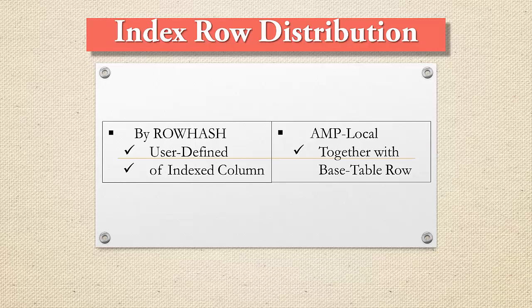With a row hash distribution, the very same general distribution mechanism that landed a particular base table row on an AMP based on its primary index now sends an index table row to an AMP, a different one, based on the row hash of the column values that were chosen to index over. In some cases, it is possible to set a different distribution pattern by the user instead.